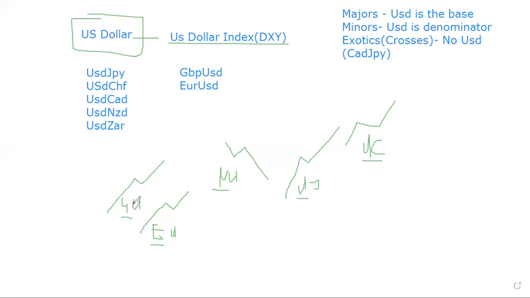Since GBP is stronger than the US dollar and the US dollar is stronger than the Canadian dollar, if I go to a chart of GBP CAD, what do you think the momentum would look like? I want to hear your views in the chat box. GU is bullish. GBP is stronger than USD, and USD is stronger than the Canadian dollar. So on a chart of GBP versus the Canadian dollar, what would the momentum look like?